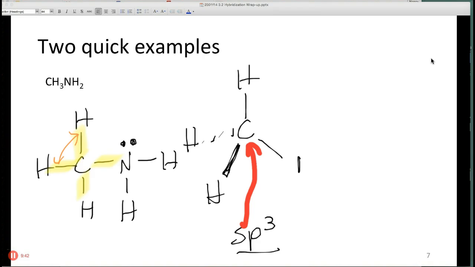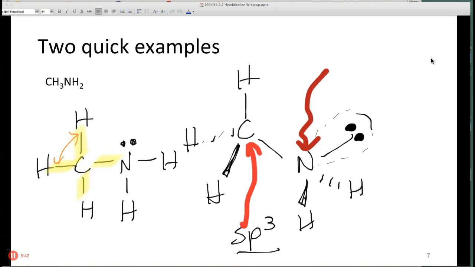So nitrogen as well must be sp3 hybridized. I need 4 containers again, if you will, for my 4 sets of electrons. And I'll just show kind of a dotted line for my 4th sp3 orbital there.